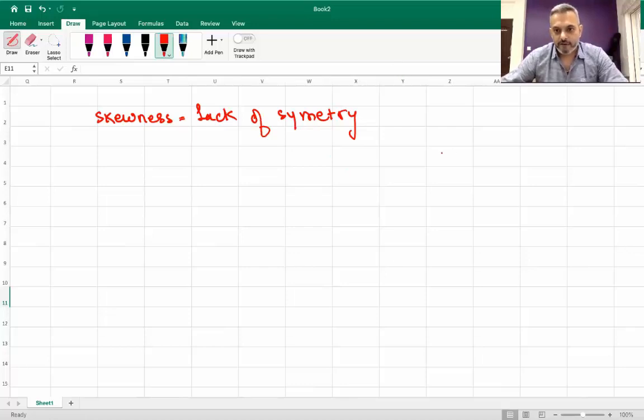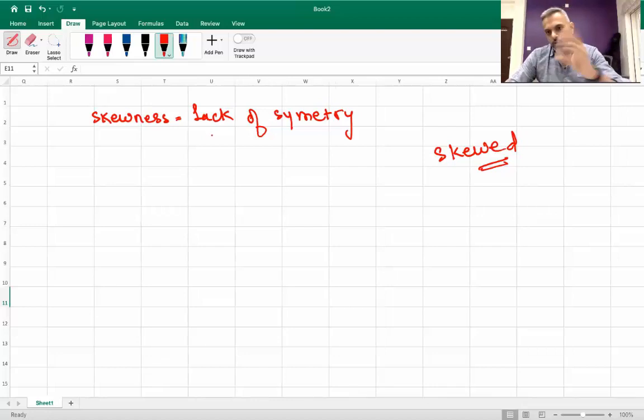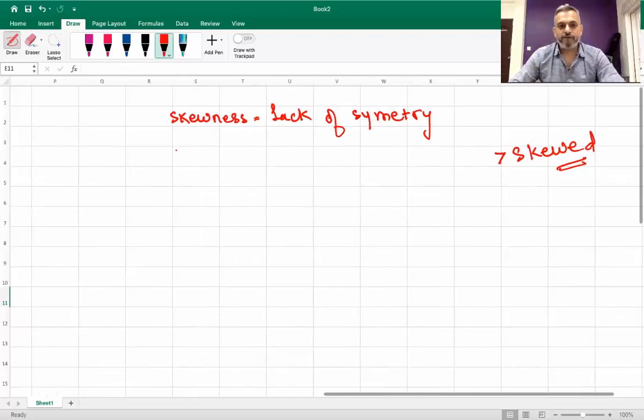Skewed means it is not symmetric. If there is no skewness, skewness equals 0, it means it is a symmetric frequency distribution. But if it is not symmetric, then we say it is a skewed frequency distribution. So skewness is lack of symmetry.